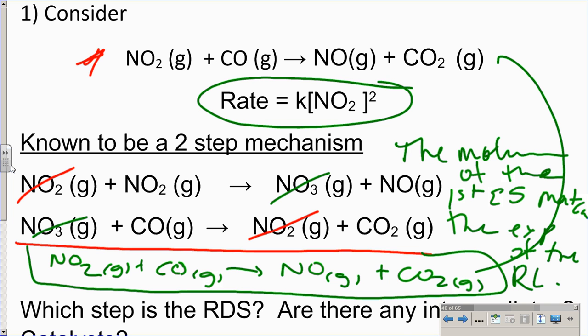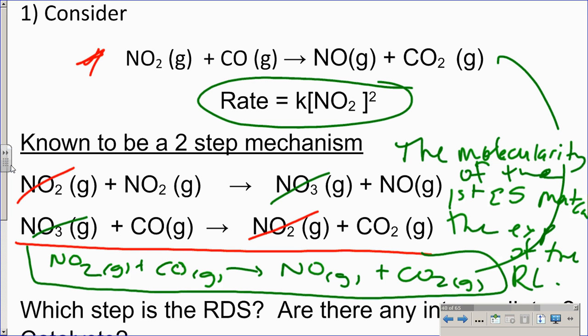That is the one sentence explanation you should probably be writing if you're trying to justify why you have identified something to be the slow step. So the molecularity, I hate writing out molecularity, of the first elementary step matches the exponents of the rate law.